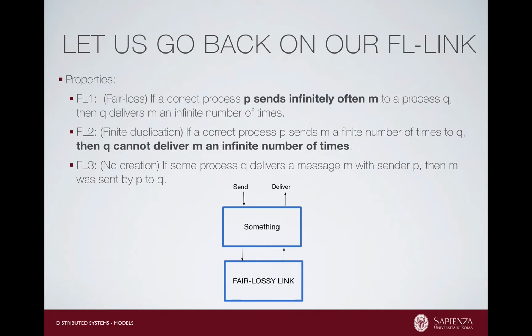And the thing that we don't like, in the fair lossy property, is the fact that P has to send a message infinitely often in order for a process to receive it.